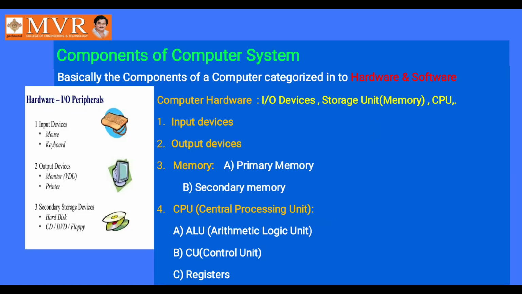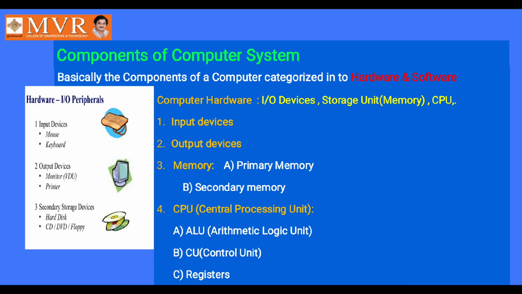Now, after discussing the 5 parts of your computer, these 5 parts are broadly divided or categorized into 2 parts, as I told you. A computer system is categorized into hardware and software. We discussed in the first slide itself that computer hardware is a group of bytes and transistors that are connected with each other.